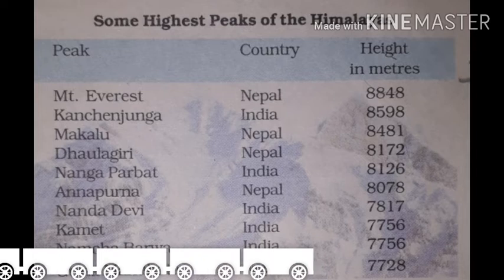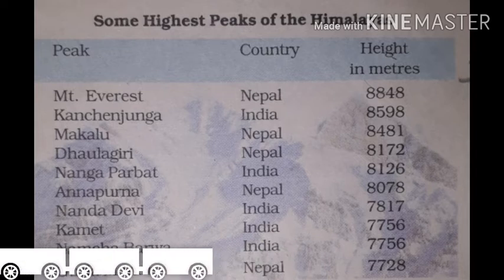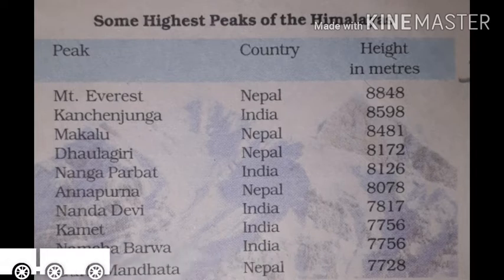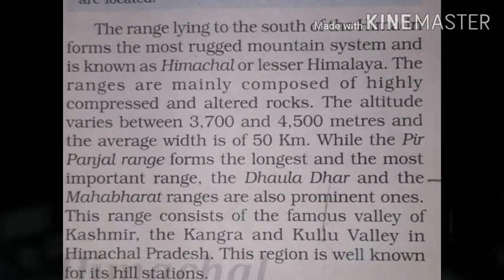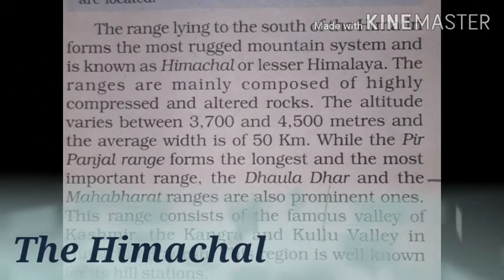We can understand that the highest range in the world is the Himalayas. Lying to the south of the Himadri is the most rugged mountain system, known as Himachal or the Lesser Himalaya. This Himachal range lies between the lower part and the upper part.